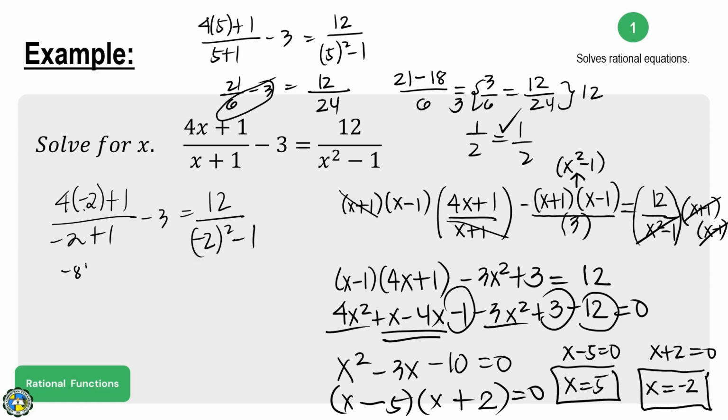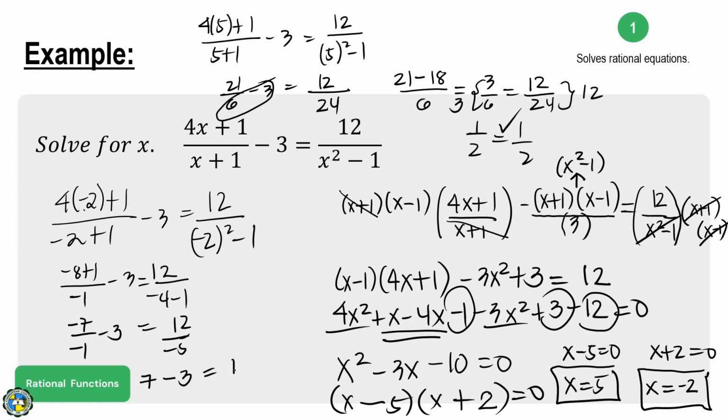So negative 8 plus 1 over negative 1 minus 3 equals 12 over negative 4 minus 1. So this will be what? Negative 7 all over negative 1 minus 3 equals 12 over negative 5. This will be 7, positive 7 minus 3 equals 12 over 5.